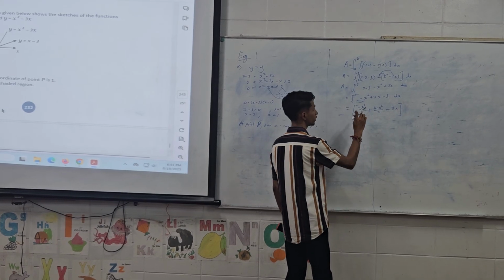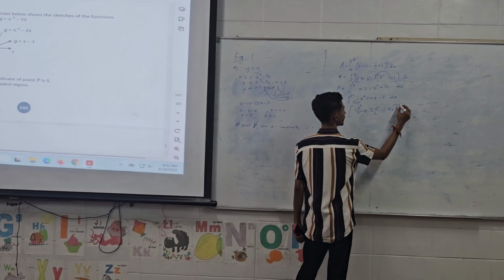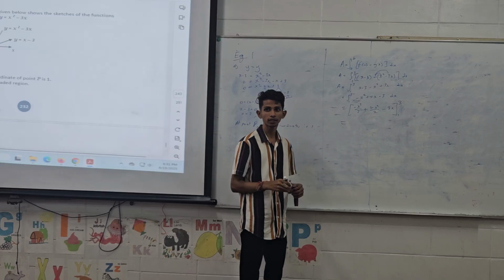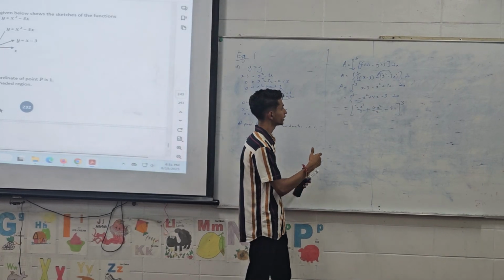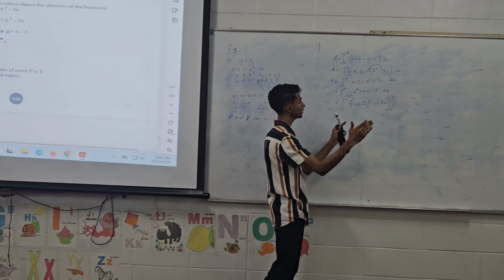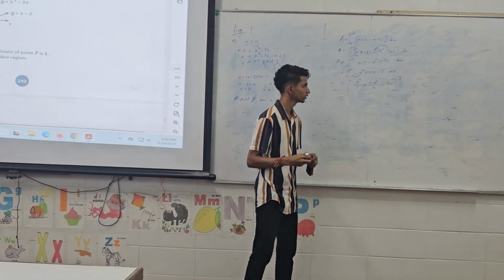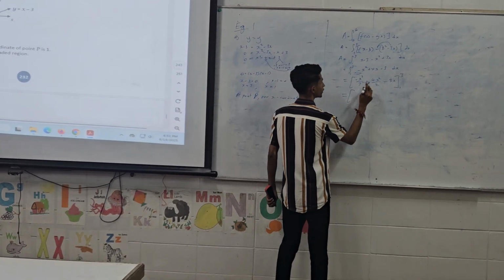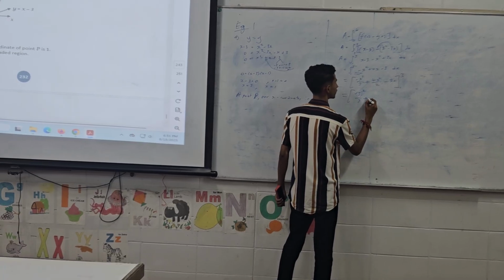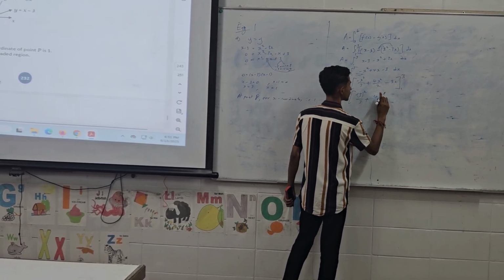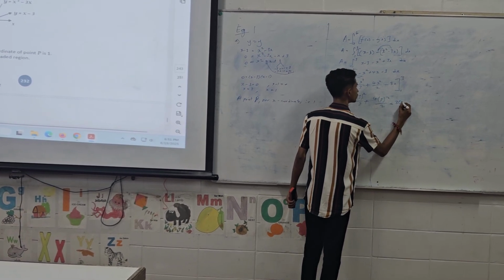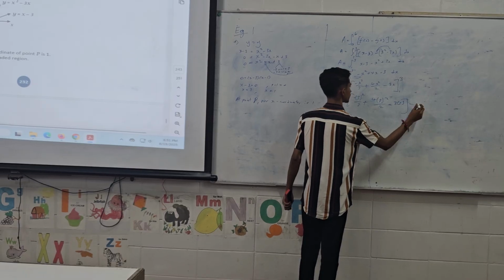Now we have to substitute the limits here, 1 and 3. This is our upper limit, this is our lower limit. The rule is first we substitute the upper limit in the function, minus the lower limit substituted in the function. So we substitute 3 first in the function: minus 3 cubed over 3 plus 4 into 3 squared divided by 2 minus 3 into 3.